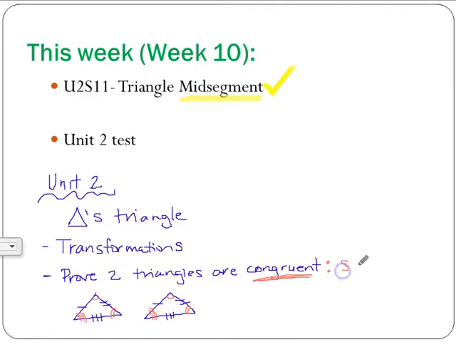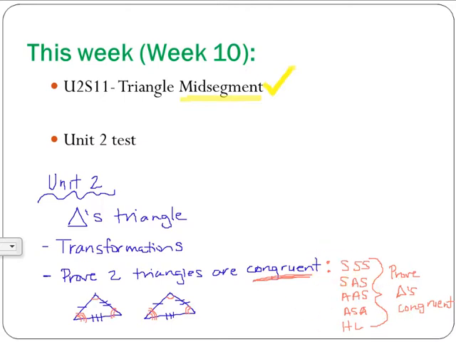That was the side-side-side postulate, the side-angle-side postulate, the angle-side-angle postulate. And when we have 2 right triangles, we can use the hypotenuse leg. These are the postulates we can use to prove triangles are congruent, and it's a shortcut for us.